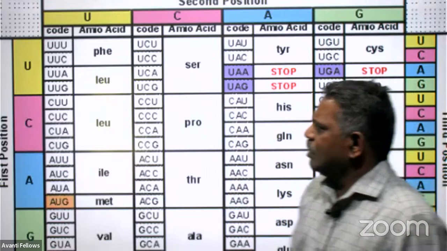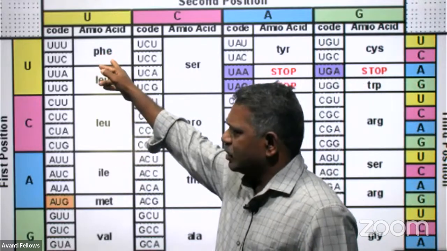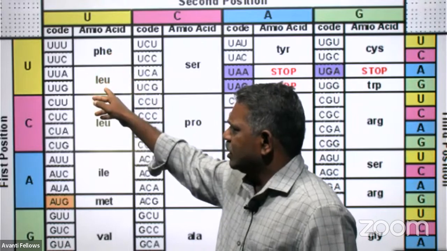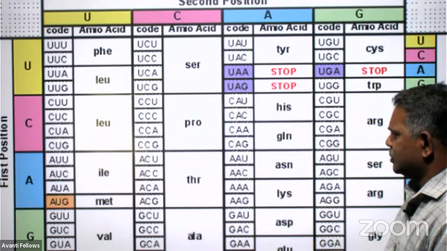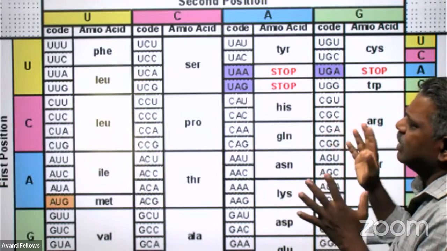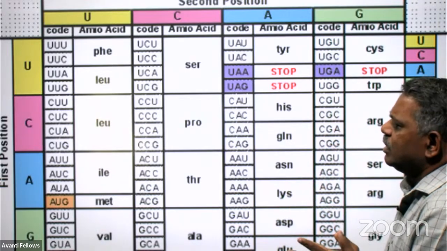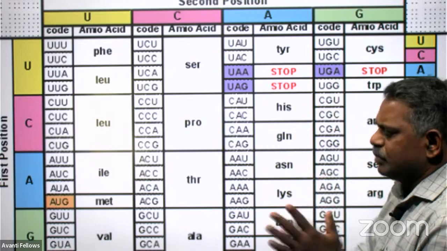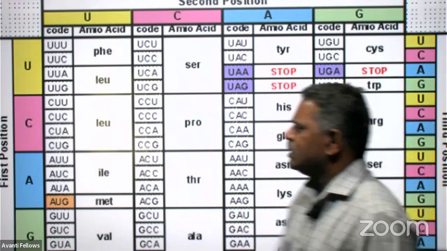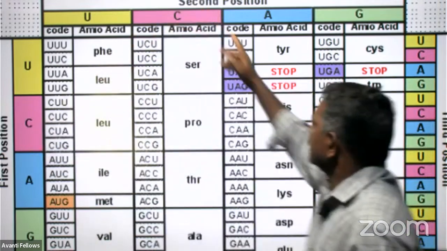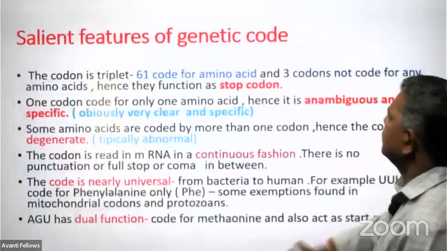So naturally, one codon is for a particular amino acid, but this amino acid can be coded with many triplet codons. So the triplet codon has 3 nearby nitrogenous bases, the first position, second position, and third position.